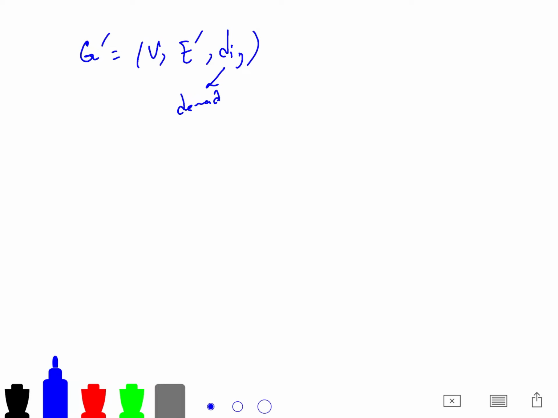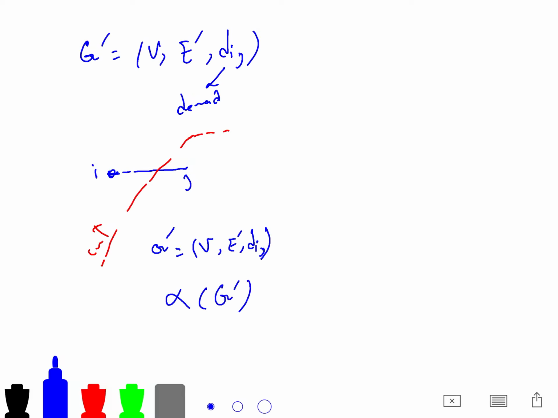For example, let's say this is I, this is J, and they are connected, but a cut comes. So this is a cut, and this is a part of this graph. G prime is V and E prime and Dij. And you know that alpha of G prime is less than alpha of G. I've shown this in my other lectures.